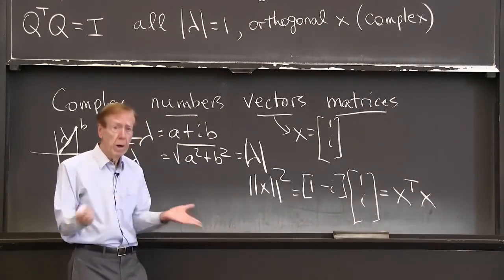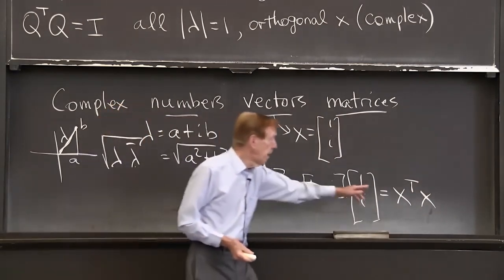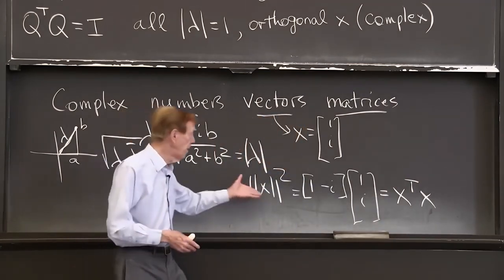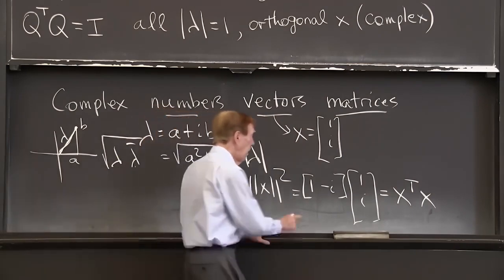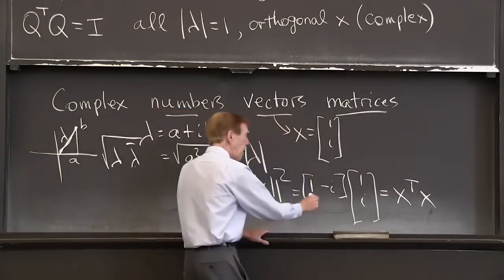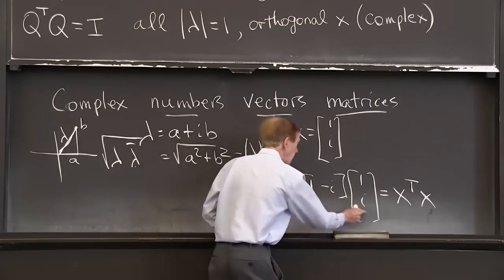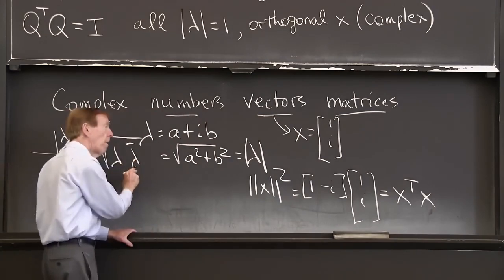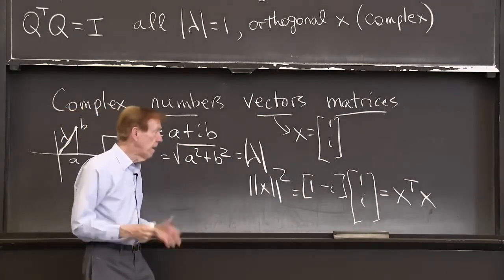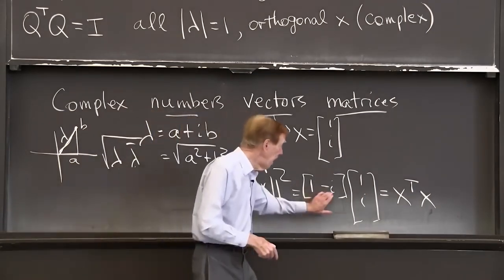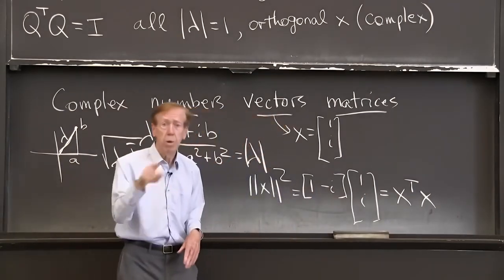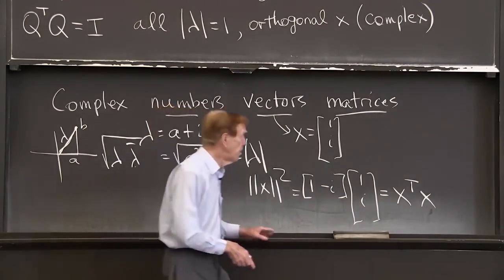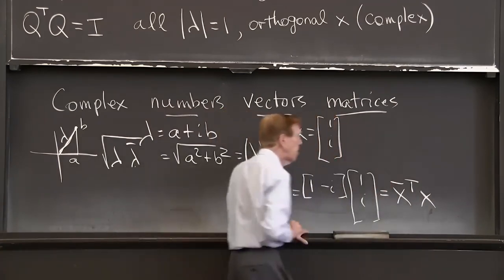If I have a real vector x, then I find its dot product with itself, and Pythagoras tells me I have the length squared. But if the things are complex, I want minus i times i. I want to get lambda times lambda bar. I want to get a positive number. Minus i times i is plus 1. Minus i times i is plus 1. So I must do that.